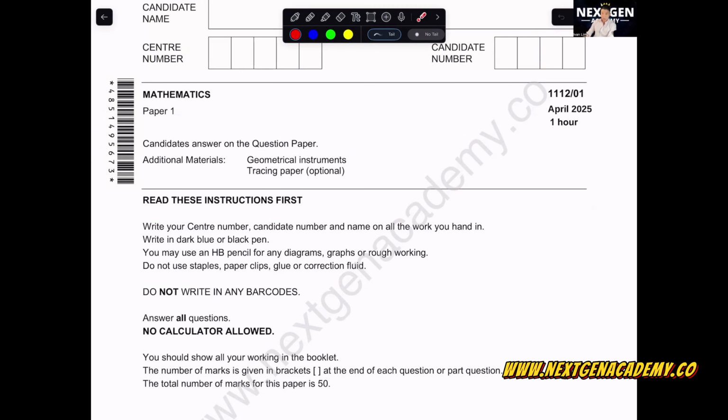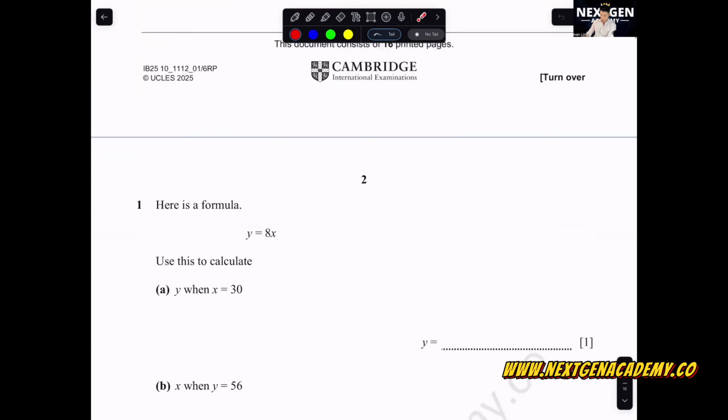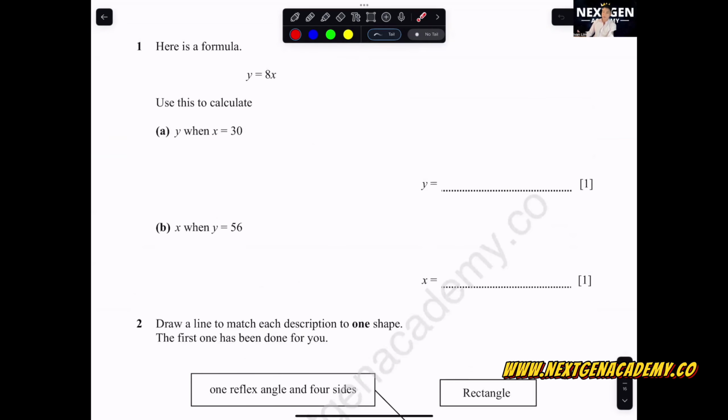All right, let's look at question number 1. Normally I would say the first half of the paper is pretty easy. Number 1, anyone can get this answer. Here's a formula, y equals 8x. Use this to calculate y when x equals 30. Easy this one. y equals 8 times 30. 8 times 30 is 240.